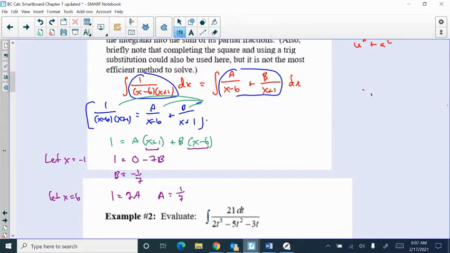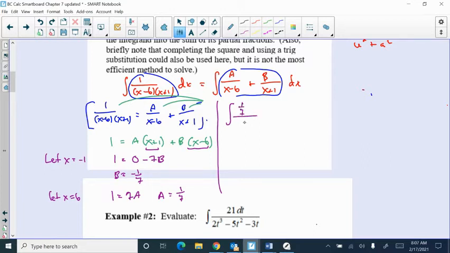I can rewrite that as the integral of A, which is 1/7 over x minus 6, and then minus B, 1/7 over x plus 1, and those are natural logs. As a reminder, technically you should be thinking about a u substitution for your denominator, because that's more than just an x.